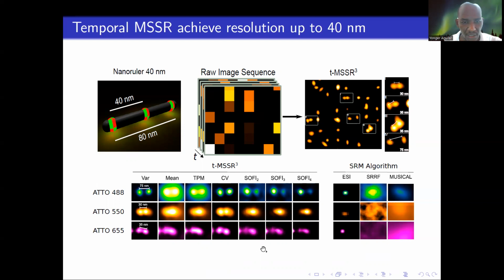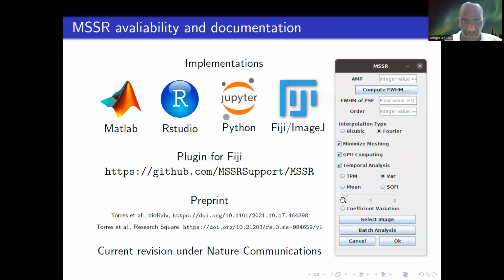Here you can see selected regions of the result of the temporal function of MEASURE. This is using temporal MEASURE of third order, and the results of the algorithms ESI, SRRF, and MUSICAL. Note that these algorithms couldn't resolve the emitters.